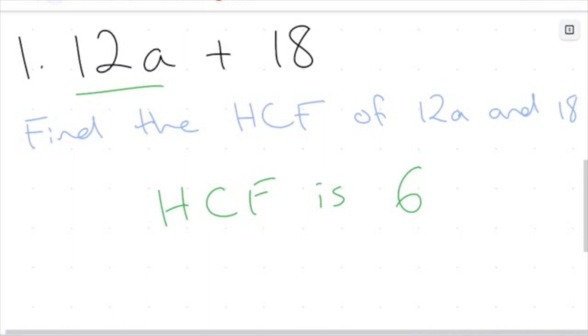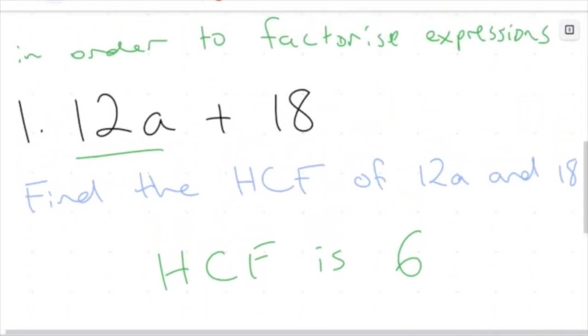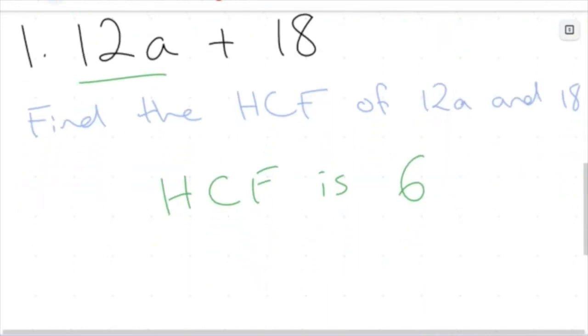So if we were to split up 12a into 6 equal parts, we would get 2a plus 2a plus 2a plus 2a plus 2a plus 2a, 6 times. We would get 6 2a's adding together to give me 12a.